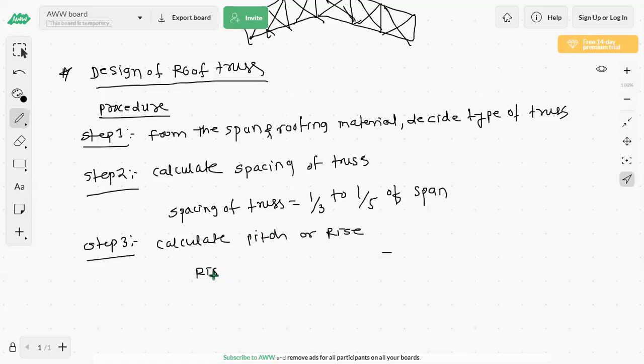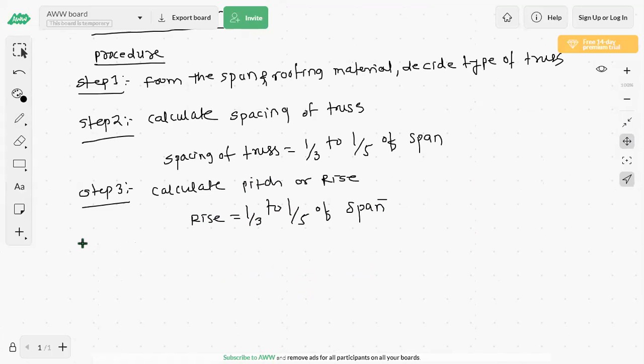Rise is equal to again 1/3 to 1/5 of span. Steps 1, 2, 3 are over.